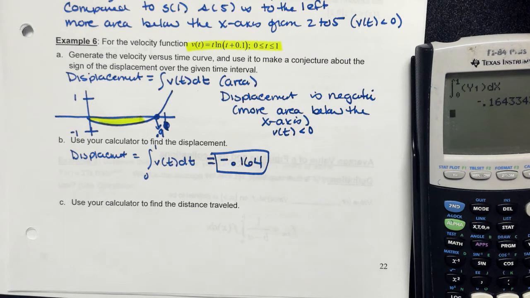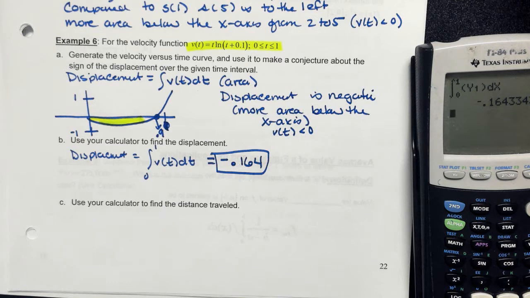When you are dealing with calculator questions in calculus, guys, answers alone are never sufficient. Notice I am not just writing down negative 0.164. You will show me that you actually integrated and what function you integrated. If you decided to write out t ln of t plus 0.1 on the interval, that's fine.